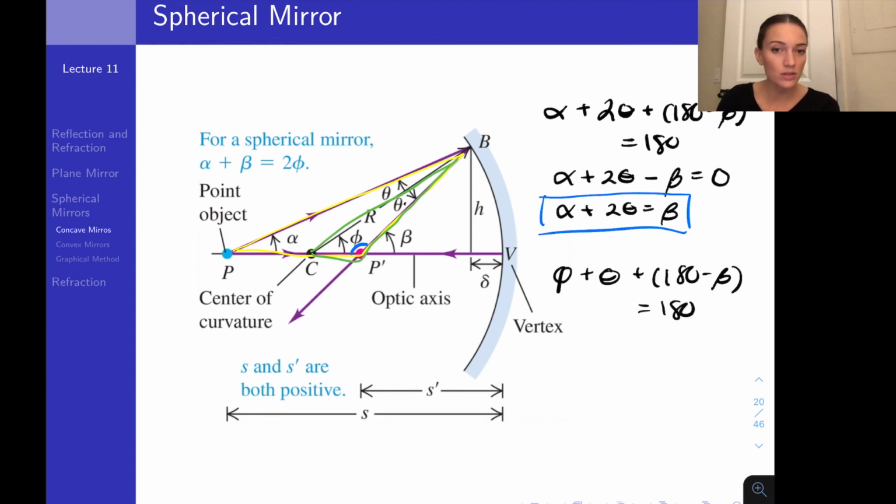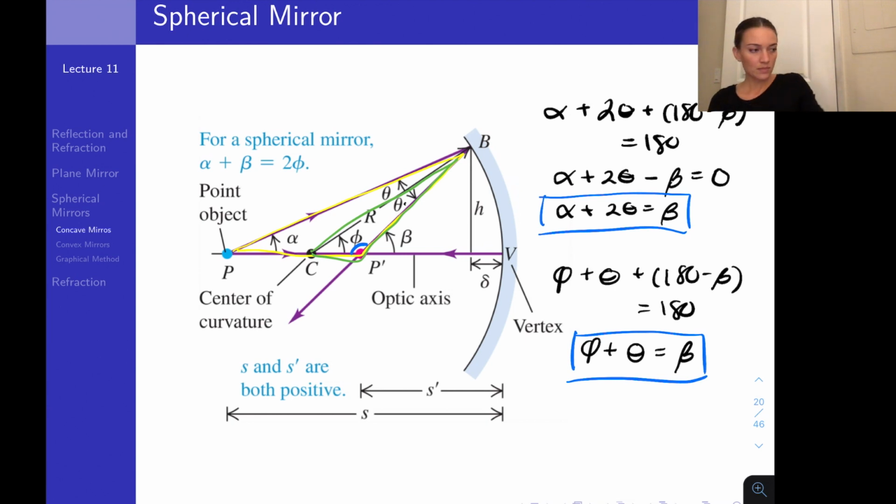Because this is a triangle and all triangles have 180 degrees. So I can simplify this now. Phi plus theta is equal to beta. So this just simplifies to this. So let me circle, square that.